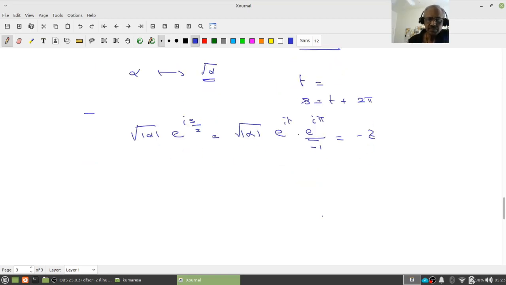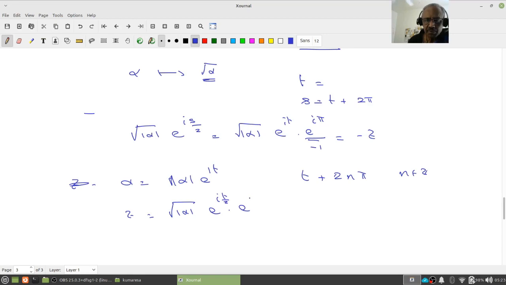And notice that these are the only ones. So when I wrote alpha as mod alpha e power i t, I could have chosen this t instead of that. I could have chosen t plus 2n pi for any integer n. So it looks like I could have defined z to be square root of mod alpha, which is unique, times e power i t by 2 times e power i 2n pi by 2.